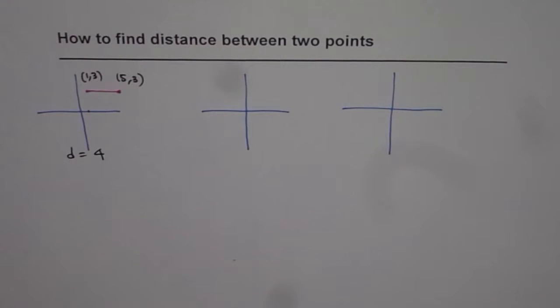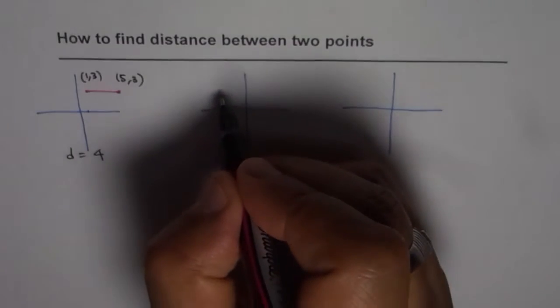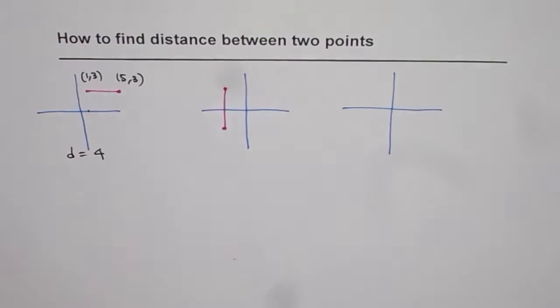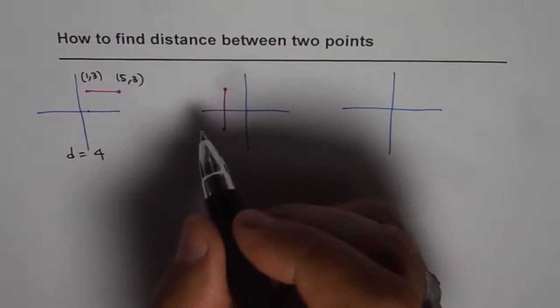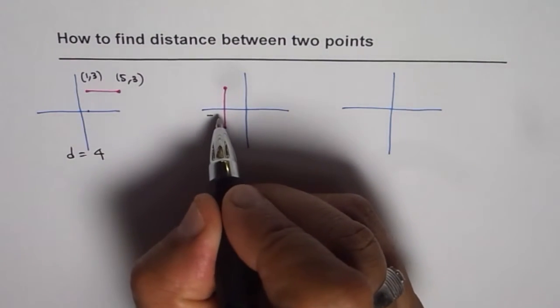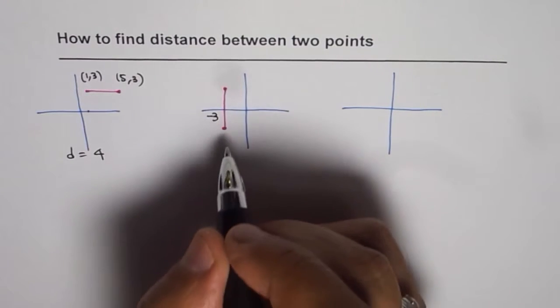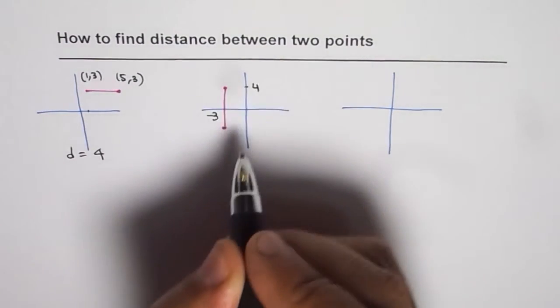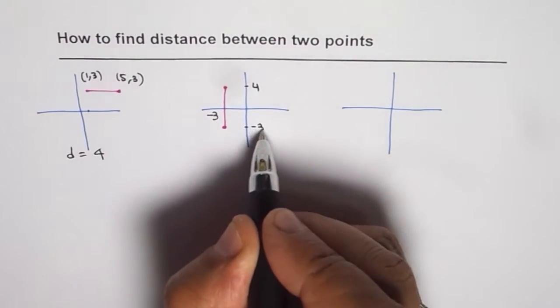Okay. Now if we have a set of points which are vertically placed, let's say like this. Now let us assume that both are at x equals minus 3 and the y values are 4 and minus 3.